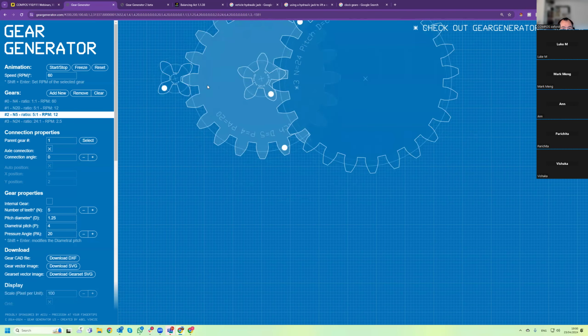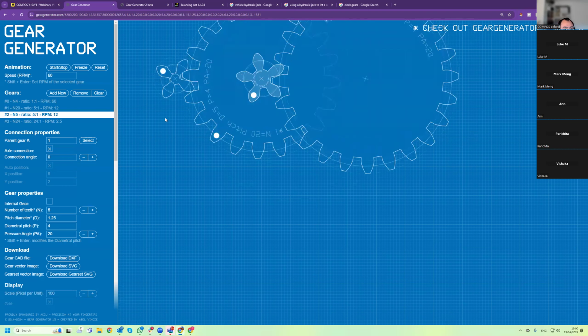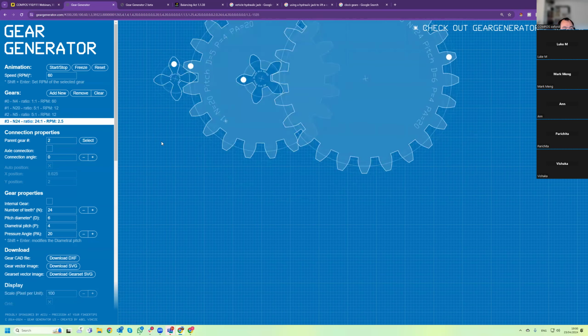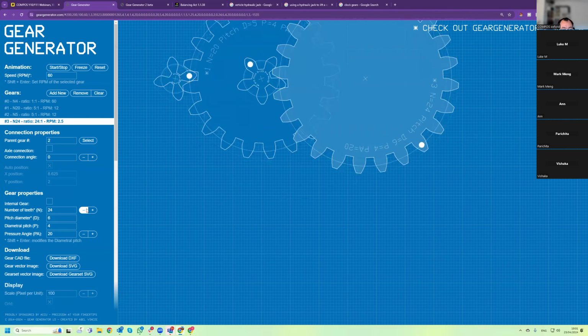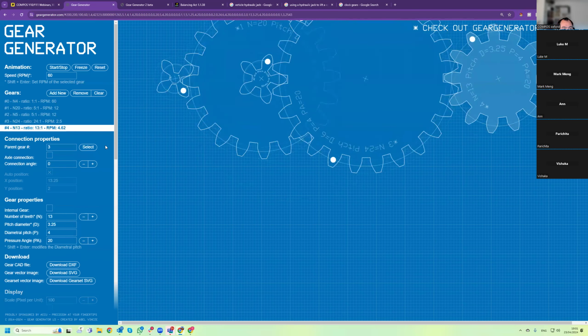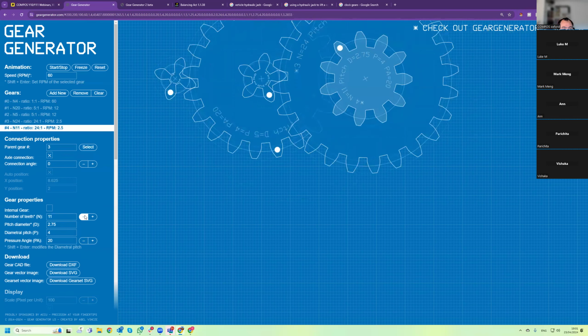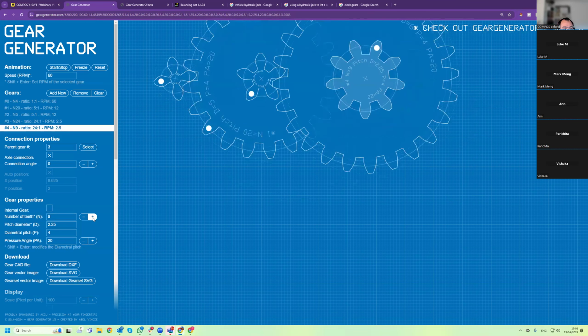That's a ratio of 5. 5 to 1. RPM. Sorry. 24. Okay, add new gear. Axle connection. Reduce that to 12.